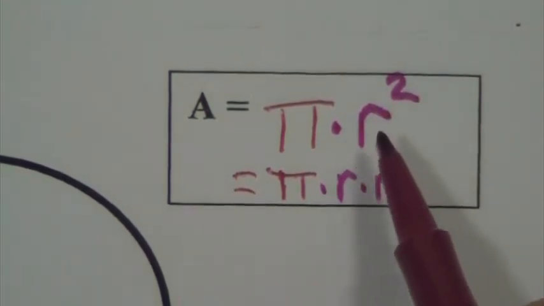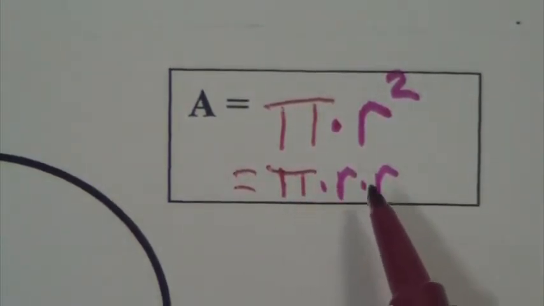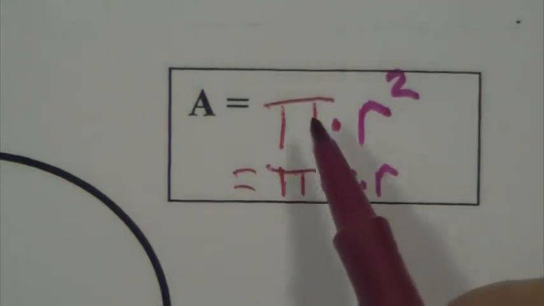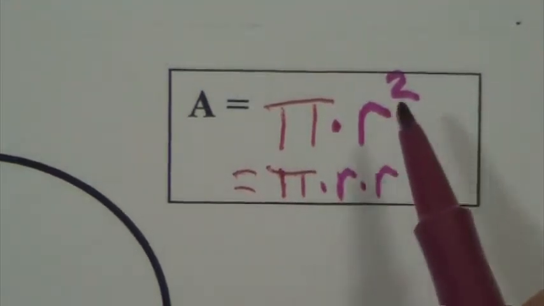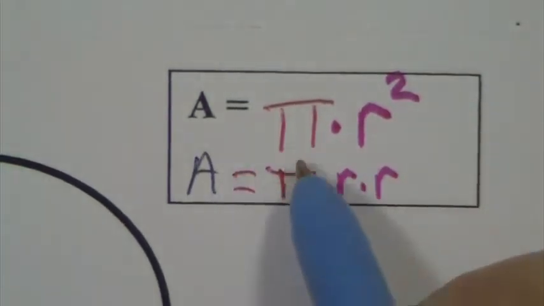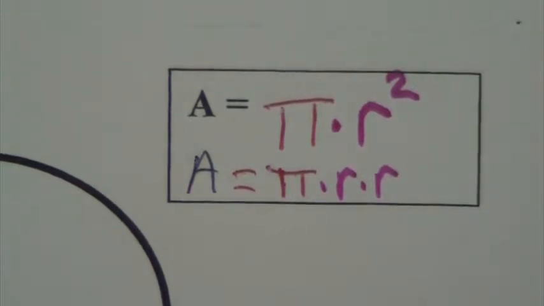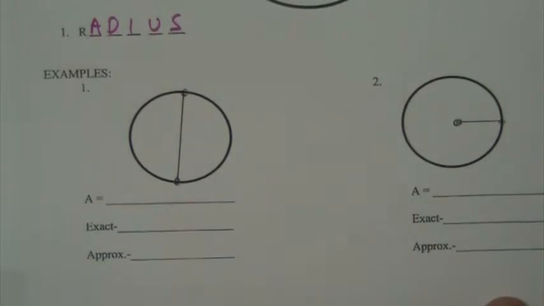So whatever that number is, multiply it by itself. But we normally go by pi r squared, and this would be the area. So two formulas, same thing, just whatever's easier to memorize. Okay, now let's go to our examples down below.